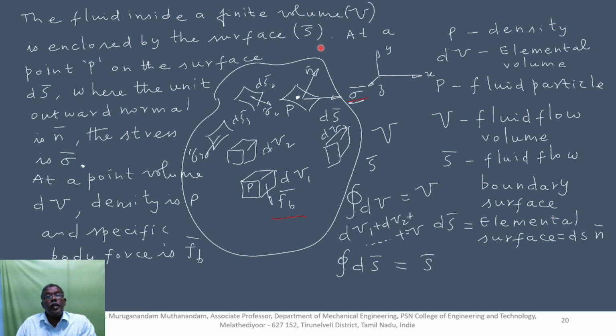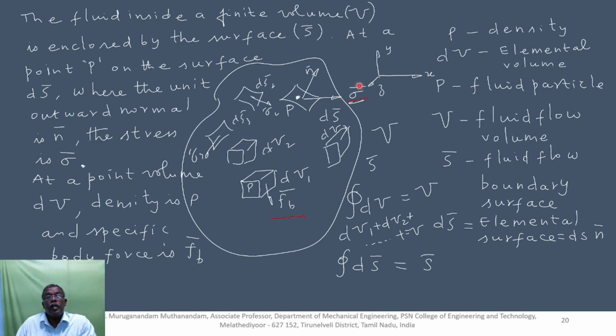The fluid inside that control volume V is enclosed by the surface S. At a point P on the surface element ds, where the unit normal is N, the stress is sigma.